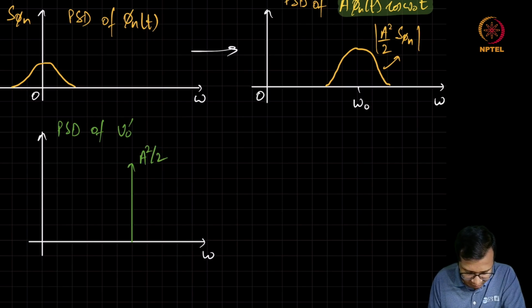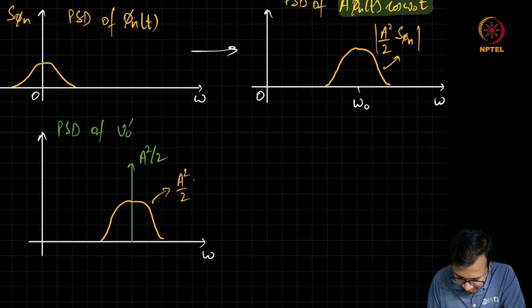The second term is going to have amplitude modulated PSD with strength of A squared by 2 S phi n.